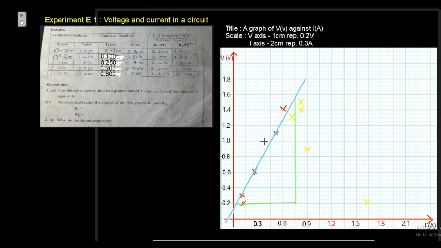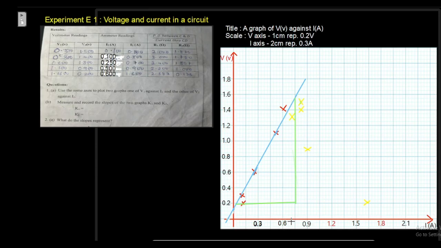This is 0.75, because 0.6 plus 0.15 is 0.75. So to get 0.7, we say 0.75 minus the interval for each small thin line, which is 0.0375. So we have 0.7 minus 0.0375.